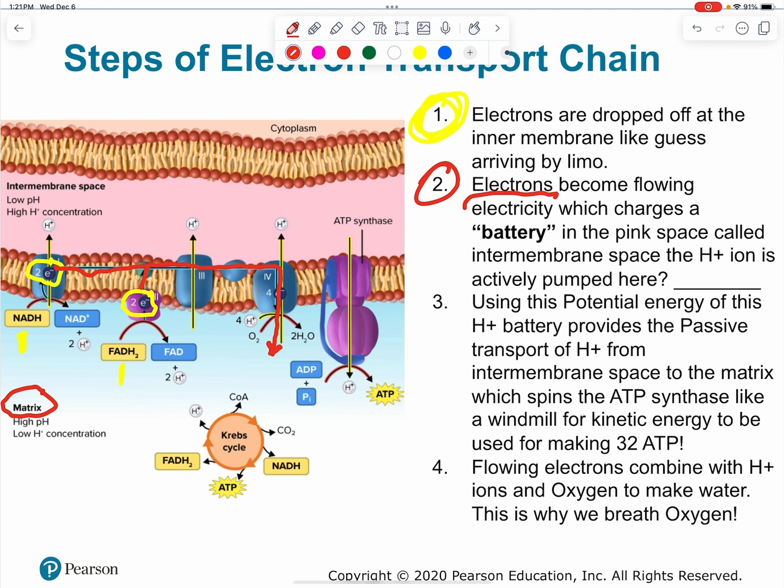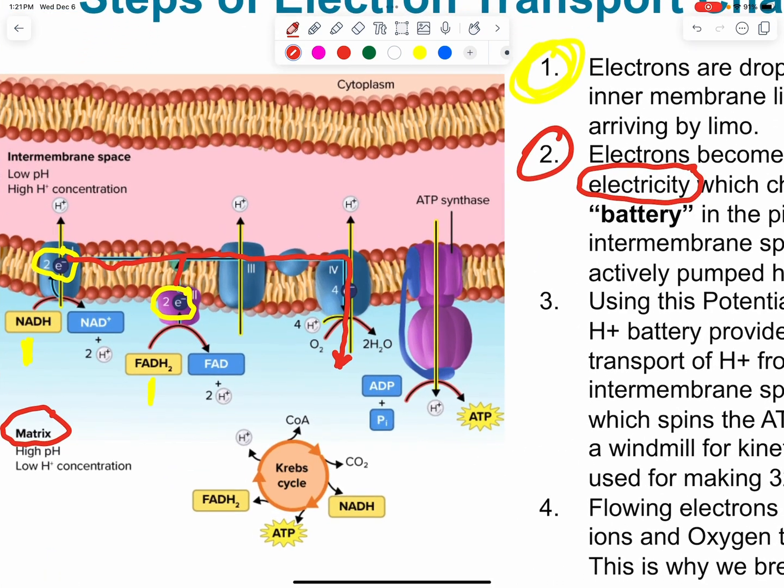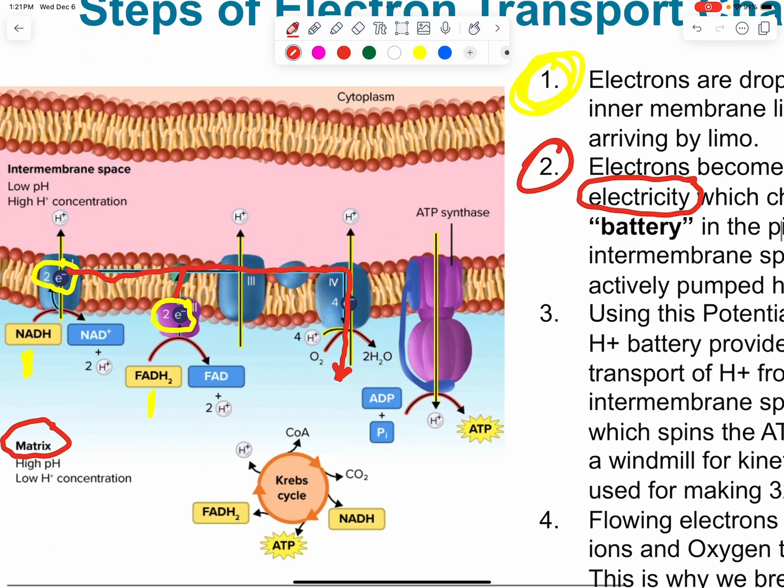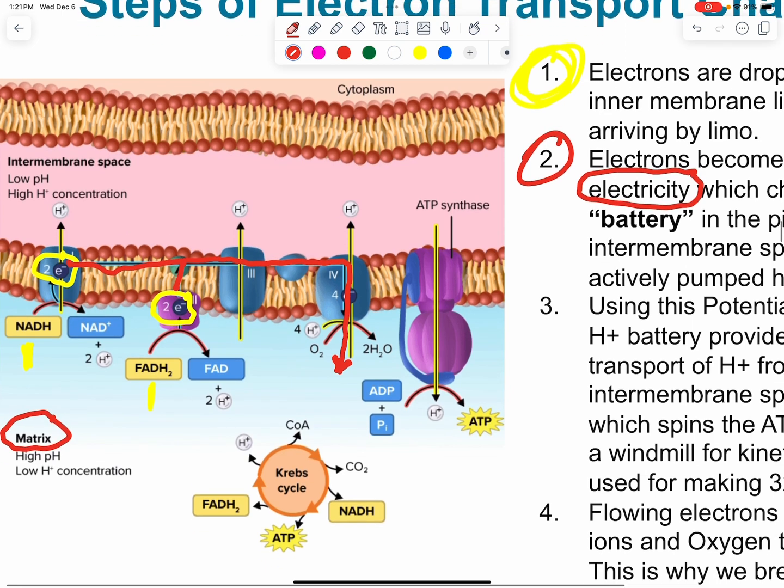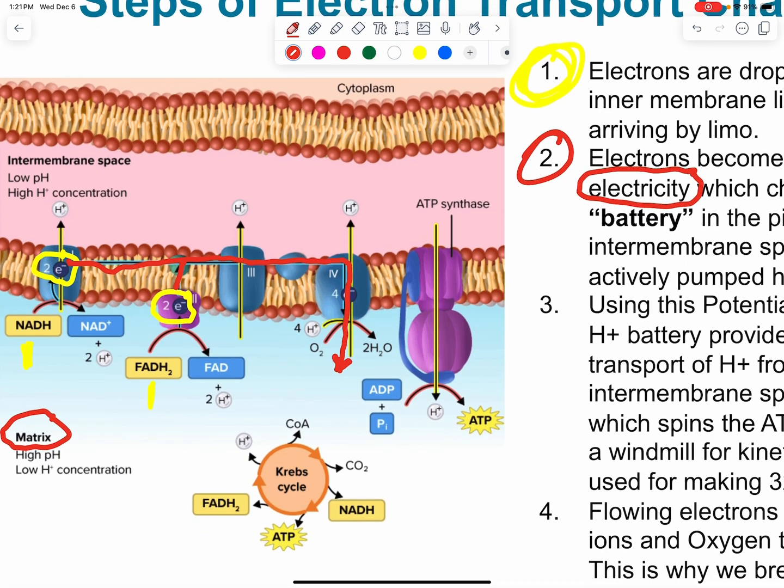This is electricity, just like going down a wire. What can electricity do? It can be put to work. The work that it's going to do for the mitochondria is active transport. Recall that active transport is moving molecules from where there's low concentration to an area that already has a lot of concentration, low to high concentration.